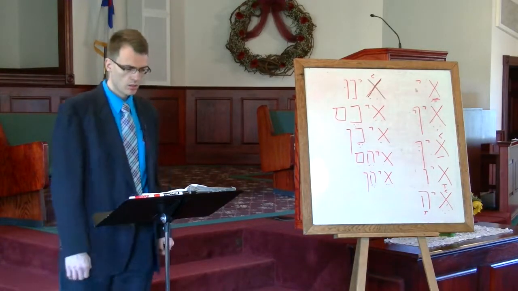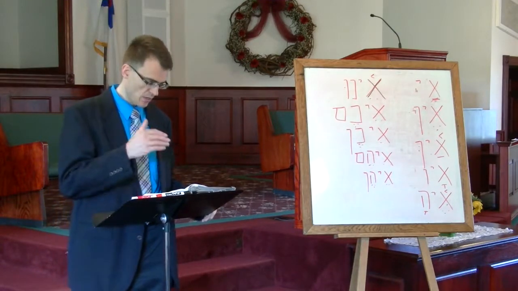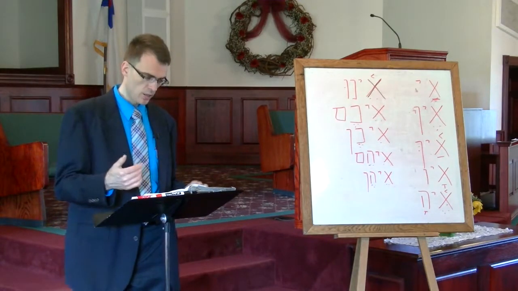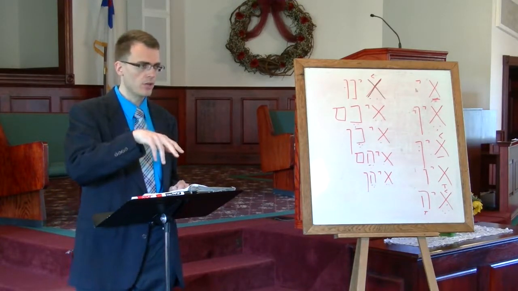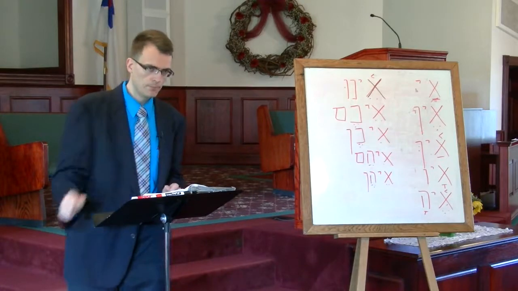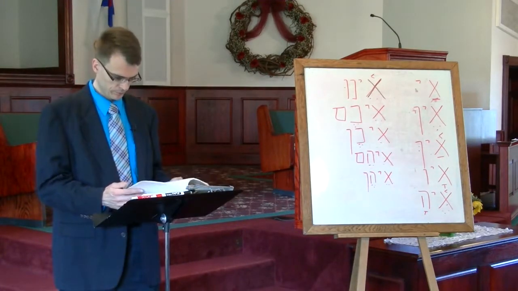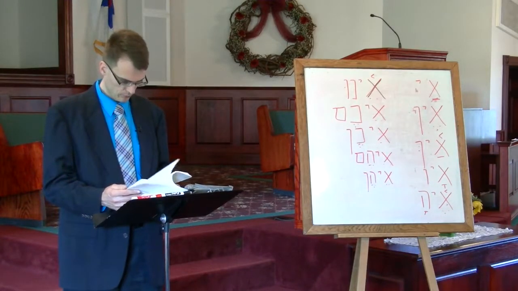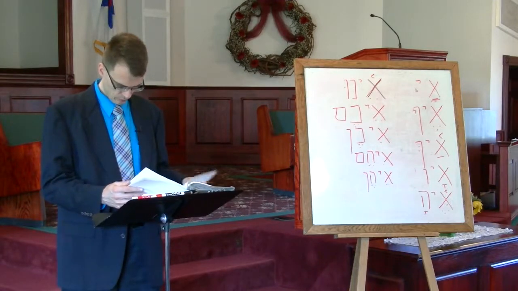Oh. I, me, we. Oh, you mean, so the question is, what's the difference between just having the subject form, ani, anachnu, and say having the first person ending on the object marker? Mm-hmm. It's in page 31, paragraph 38.